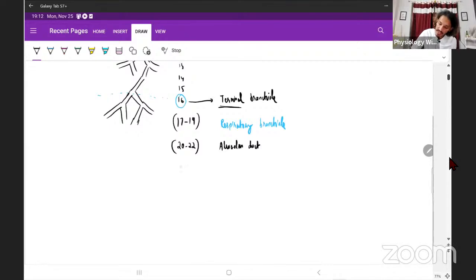And the last 23rd division is what we call alveoli. So this again further divides into smaller alveolar ducts, which can divide like 2 times further, more alveolar ducts like this. At the end of which we have alveoli like this.